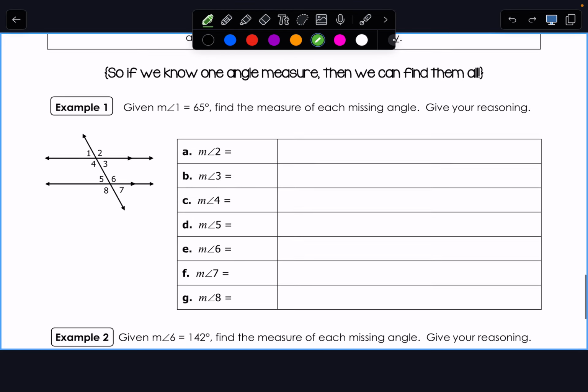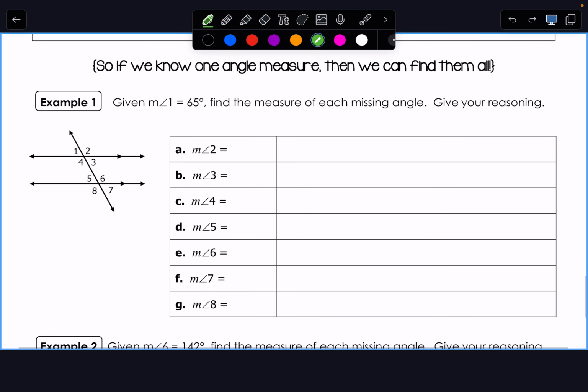Okay, so what we're going to do is we're going to label angle 1 is 65 degrees. If angle 1 is 65 degrees, there is a lot of ways we can fill out this chart, but I'm going to try my best to use as much of the vocabulary from our lesson as possible.